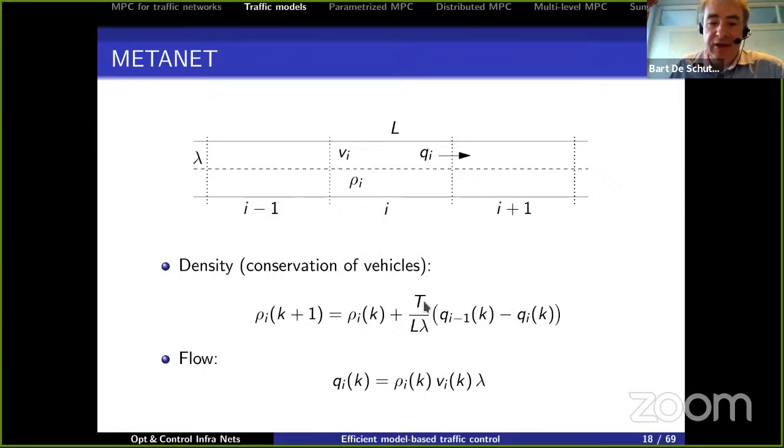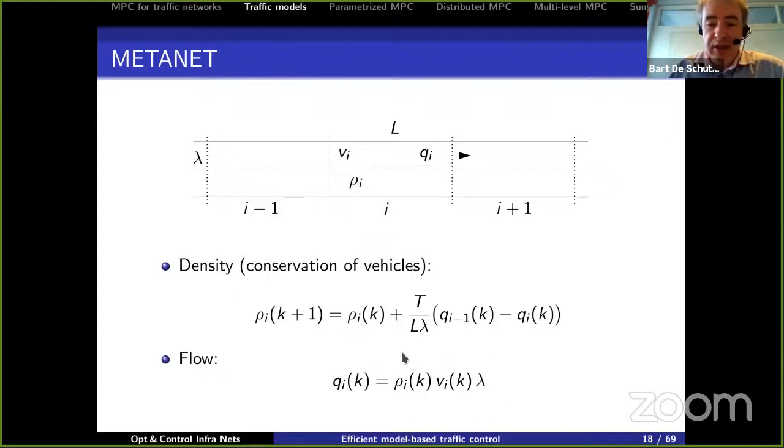We also multiply them by the time step, and we divide them by the length and the number of lanes to go to a density. And then we add this to the current density. By the way, the density is the number of vehicles per unit length, so it's typically expressed in vehicles per kilometer. And with the law that I've presented here, we can then update the density of the vehicles in a segment.